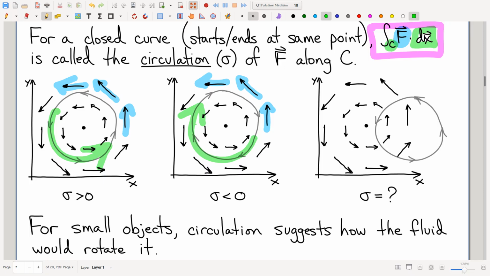Because the curve we're comparing it to here is clockwise. So, yes, it's the same fluid, but we're asking two different questions about it. We're asking kind of exact opposite questions. To whatever extent it's counterclockwise, well, it's the negative of that amount clockwise, because those are opposites of each other. And so the circulation here is naturally positive, but the circulation here is negative, because we asked the opposite question.